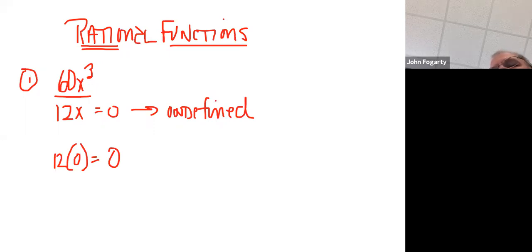So what we're really going to be on the lookout for today is what values would make my denominator a problem. All you do is take your function and take your denominator. If you have a variable in the denominator, you set it equal to 0 and then solve that equation.